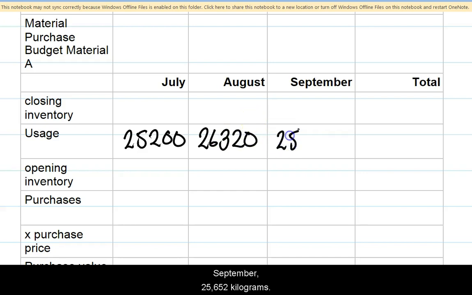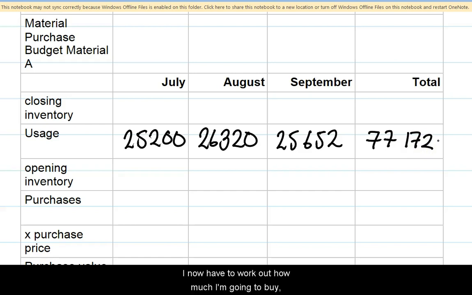September 25,652 kilograms. In total 77,172 kilograms. I now have to work out how much I'm going to buy. So I'm going to work out my purchases in units, which is in this case kilograms, and for that I need to take into account my opening and closing inventory.